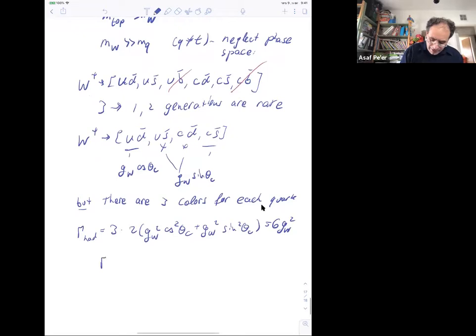So overall, we have that gamma leptonic over gamma hadronic is about 1/2.